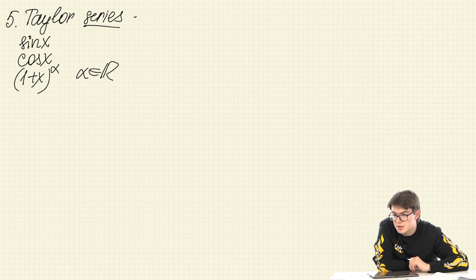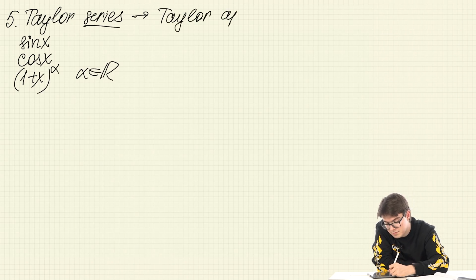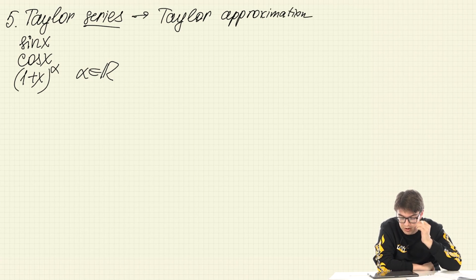But sometimes it is not needed to count the result of this function exactly, and we should find the approximation. And I would even say that we are going to discuss Taylor approximation. What is Taylor approximation?